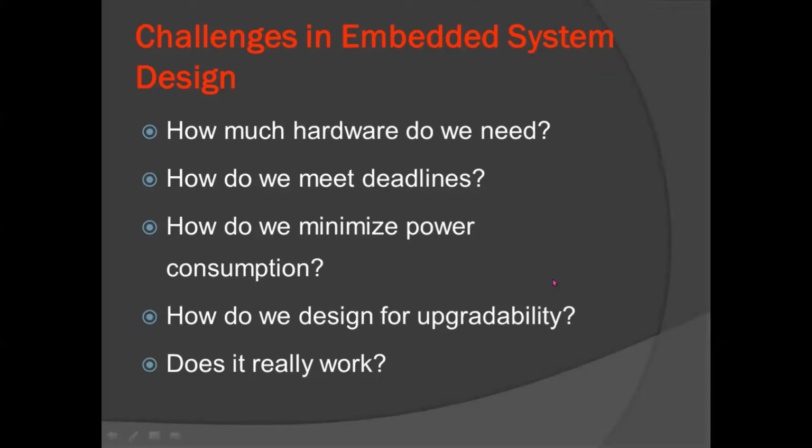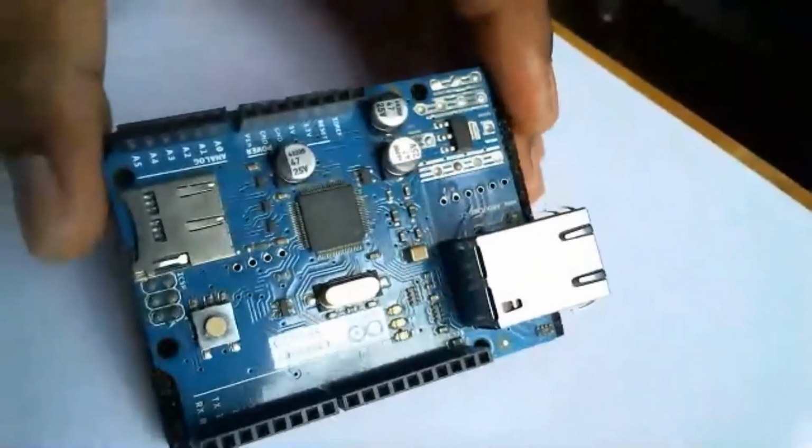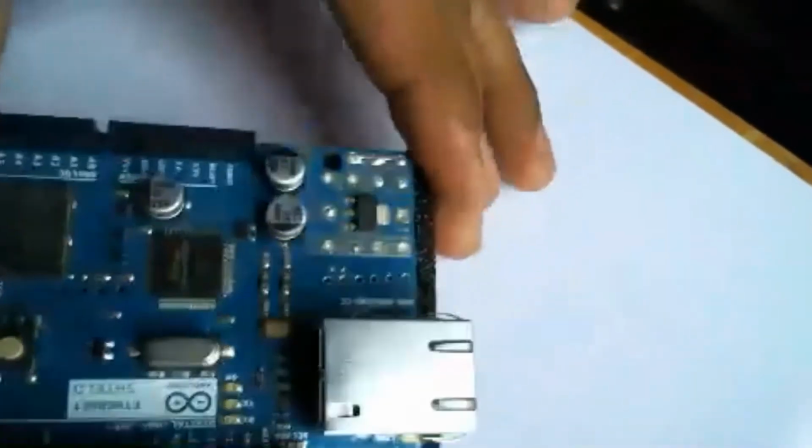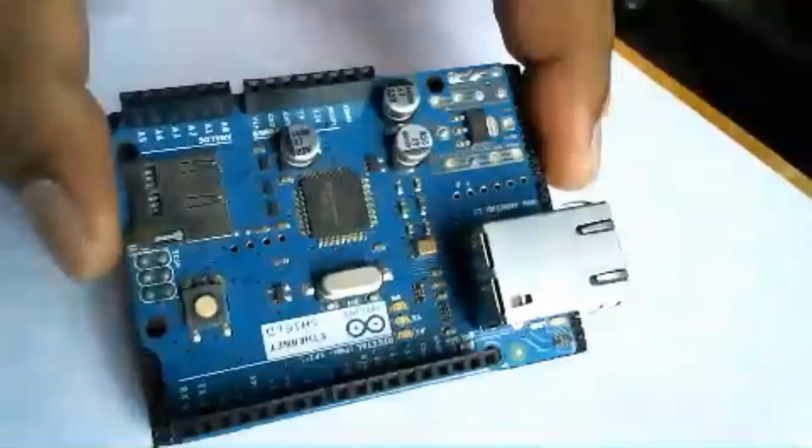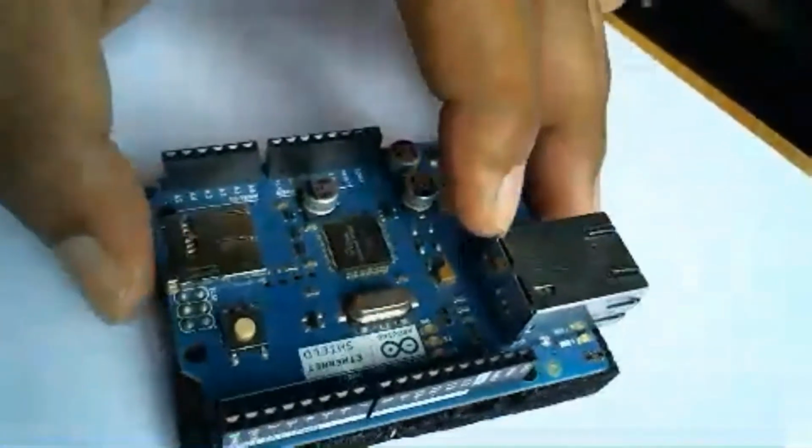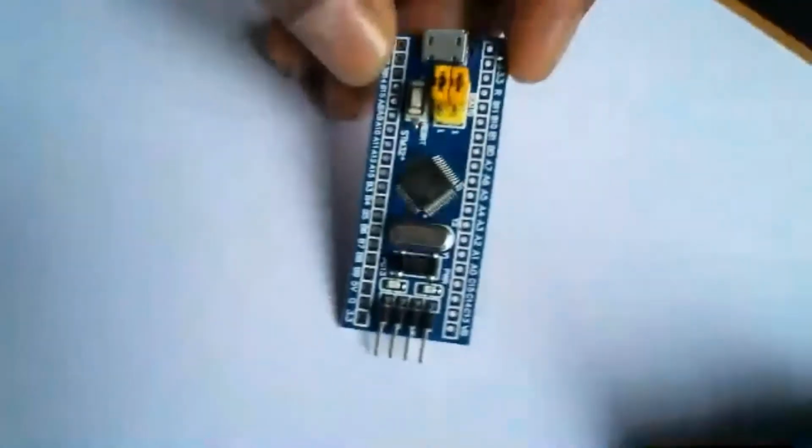Now, how are we going to find the answers to these questions regarding our example? You see, this is an Arduino Ethernet shield, and obviously there will be an Arduino beneath it. Then I have this device, which we have seen in the last lecture.